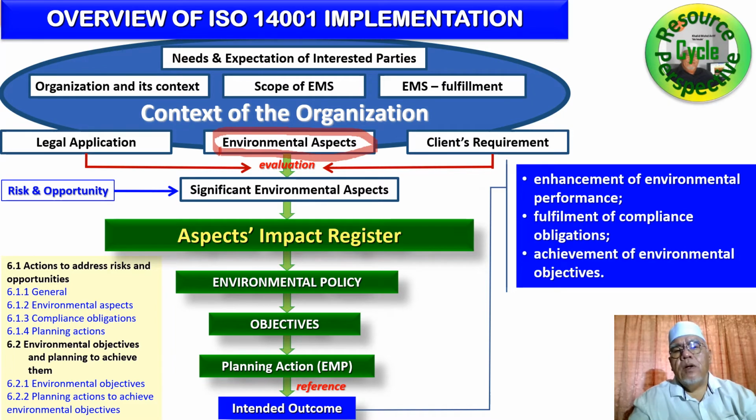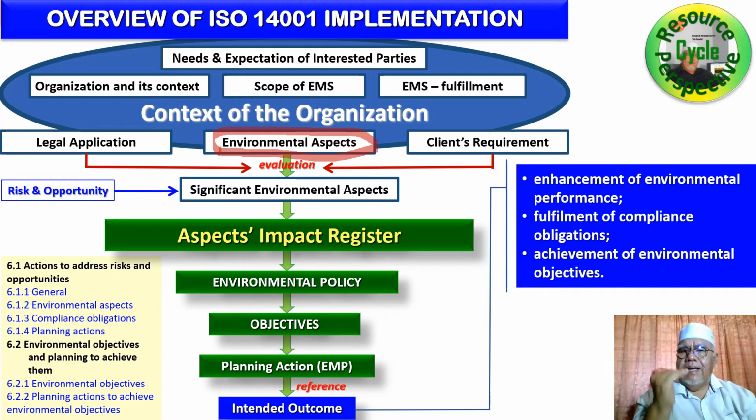We can have the context of the organization and all other administrative requirements under clause 4 of this standard done concurrently, no problem. But normally I assign another team who are better versed with administration and management matters.